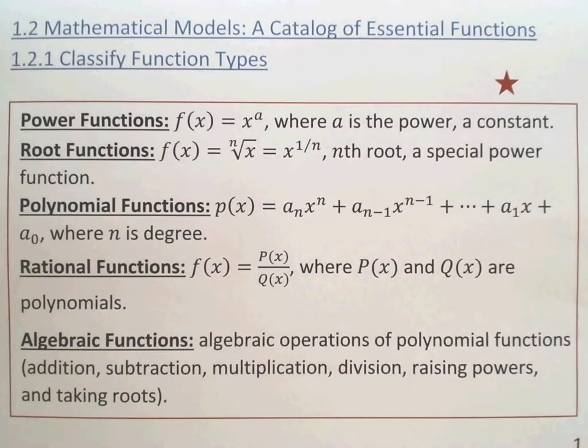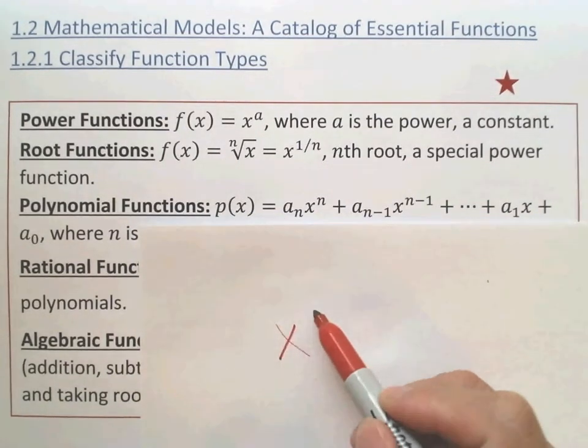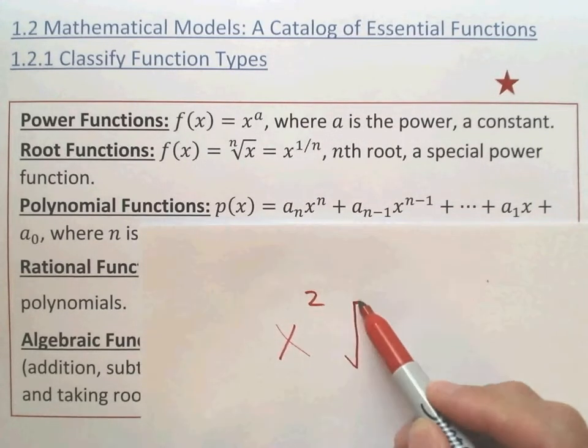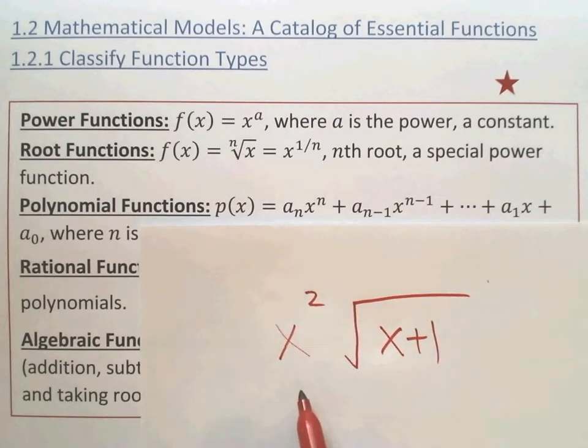For example, I'll give you what is algebraic, a little bit complicated. Like I take x squared, this is a power function. If I take a root function times x plus 1, can you see? This is a power, and this is a root, multiplied together, it is an algebraic function.